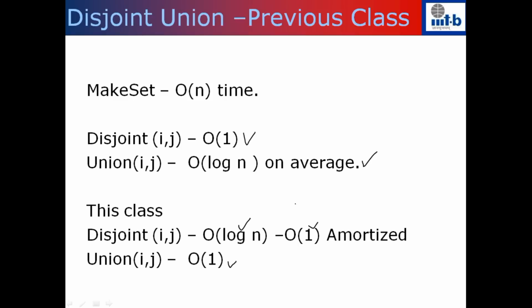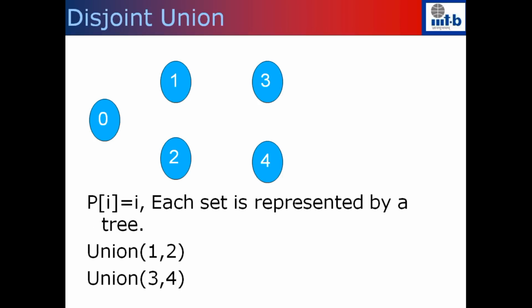The idea here is to use these sets as rooted trees. Initially we have singleton trees. The parent of each node is pointing to itself, right? When every parent is pointing to itself, that's an indication that it's a root node. The root of a tree is the representative for all the elements in the tree.